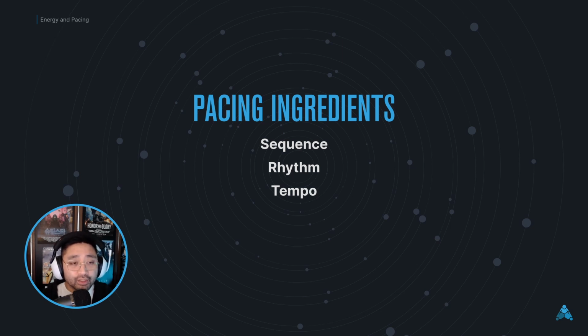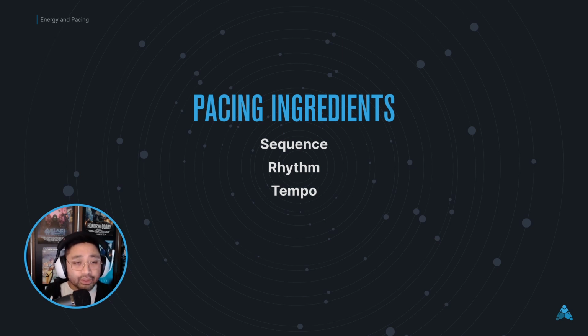And so second being rhythm. The rhythm is the way in which the energy and pacing ebbs and flows or progresses over time. So let's say we're talking about a set amount of time for an animation, whether it's a character intro, a shot, or something similar.